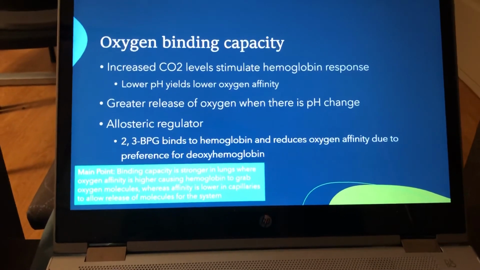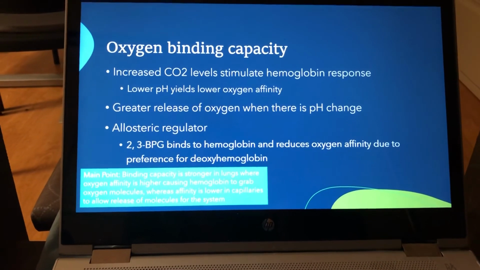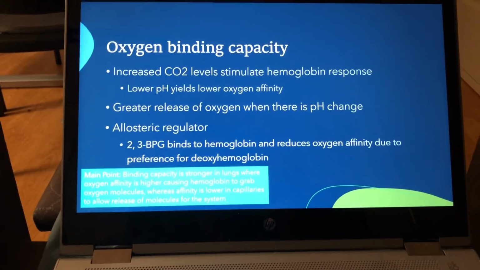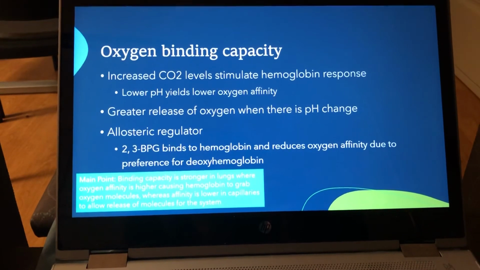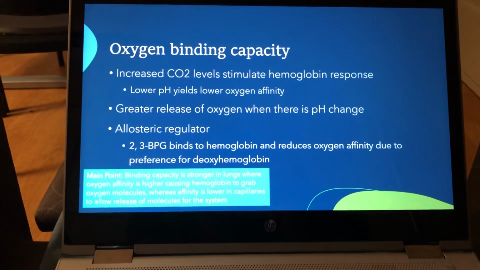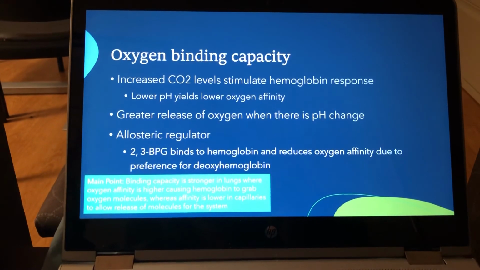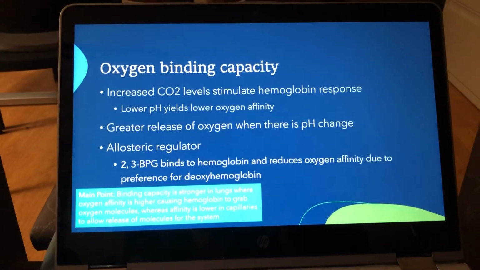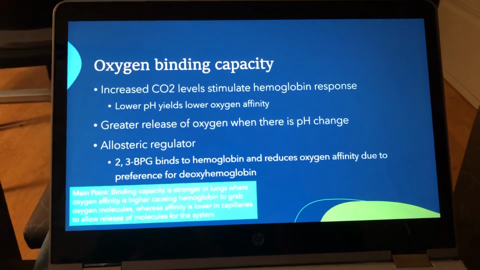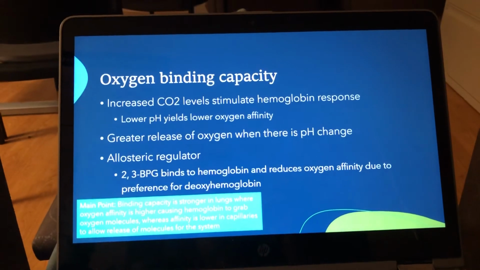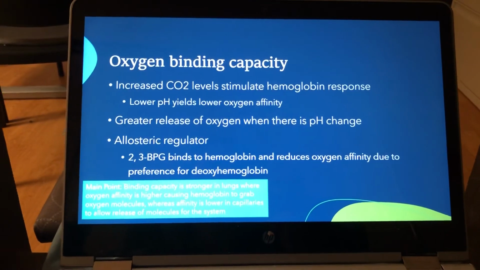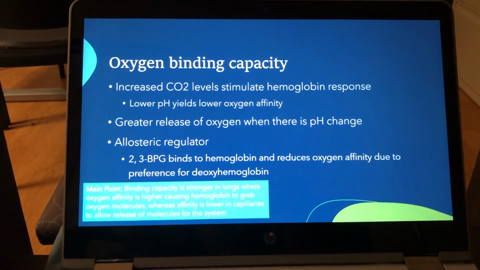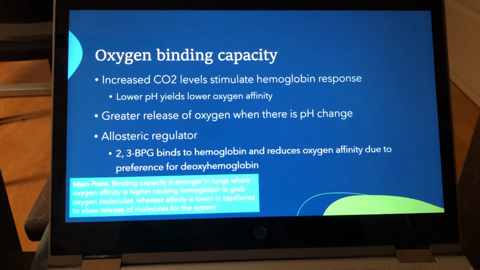So the main point behind all of this, back to our original question of lungs versus capillaries, is that the binding capacity is actually much stronger in the lungs, because when you think about it, hemoglobin is in the lungs to grab this oxygen. We breathe in these oxygen molecules, and the heme is able to take it from our lungs to the capillaries, where we're able to transition it into tissues and so forth throughout the rest of our body.